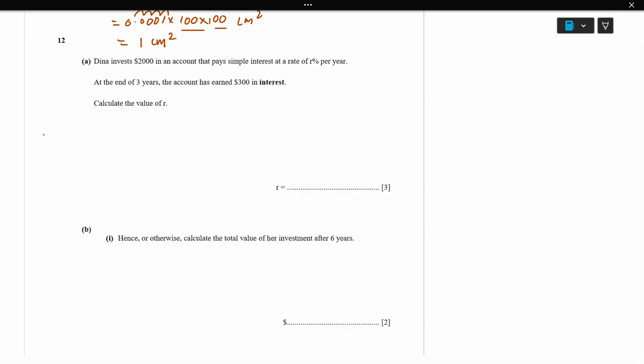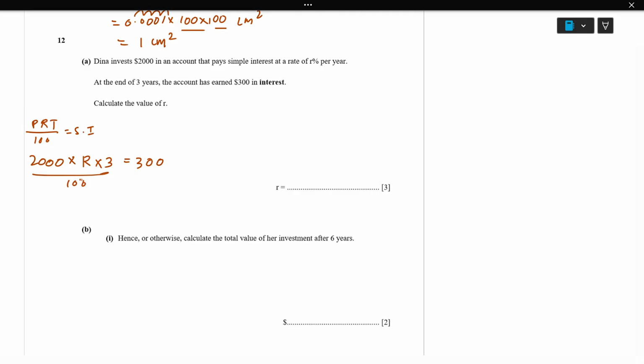So the simple interest formula: PRT over 100 equals simple interest. The principal is given, which is 2000, and the number of years is 3. The rate we don't know, I'll write as R. So 2000 times R times 3 over 100 equals the interest, which is 300.